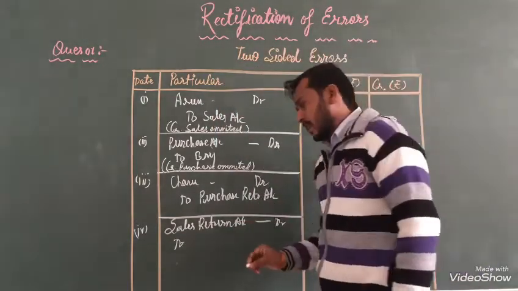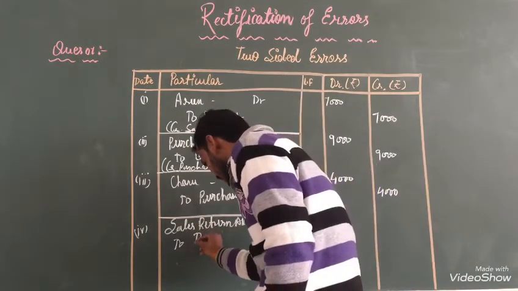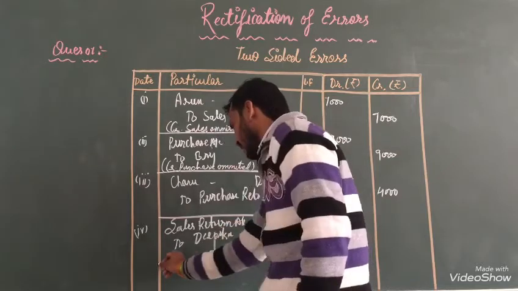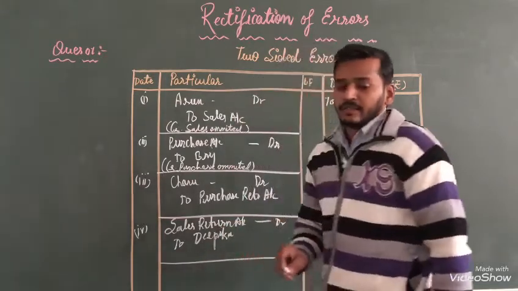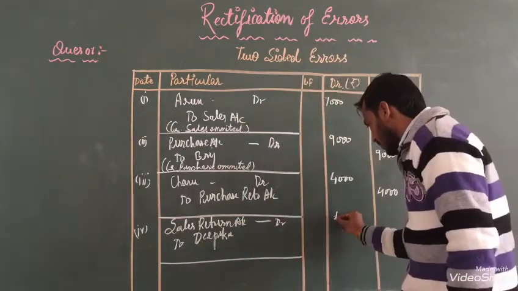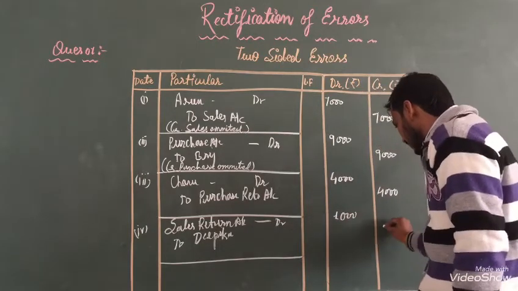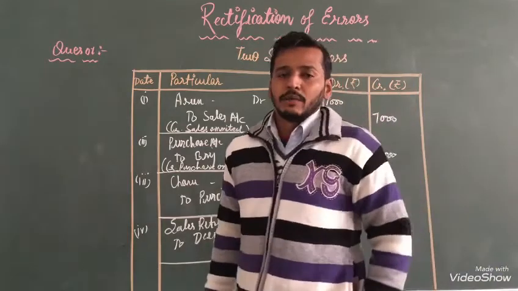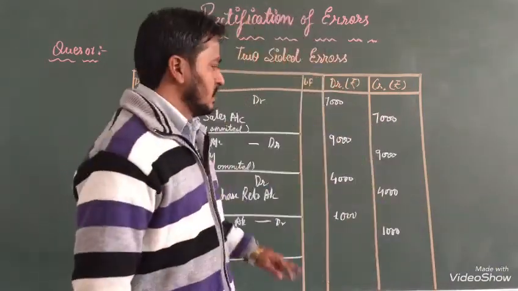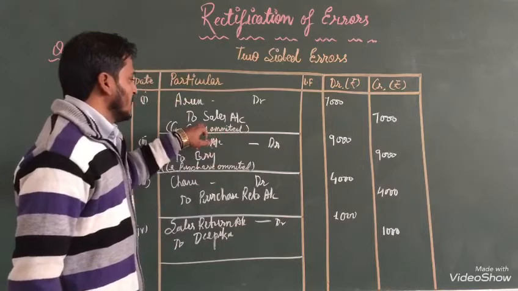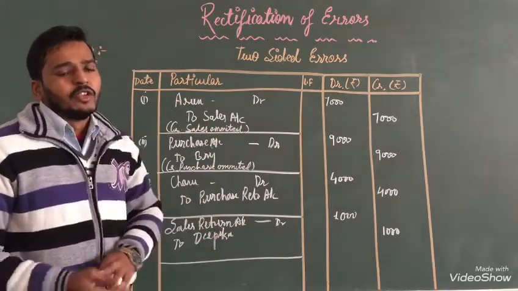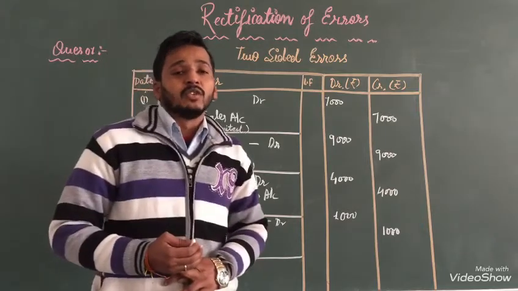To Deepika, and the amount given in front of you is 1,000. In the same way, you have to write the narration in the questions. I have written the first narration; second, third and fourth you write according to the question.